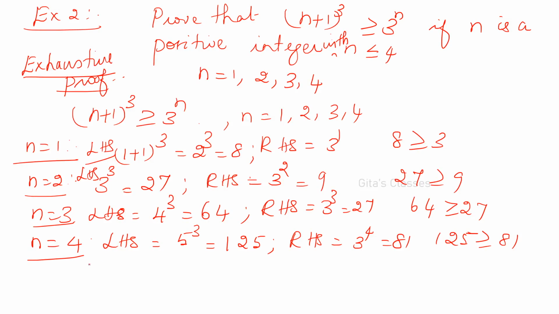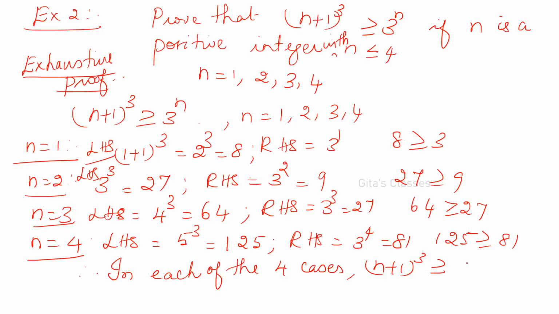Therefore, in each of the 4 cases, (n plus 1) the whole power 3 is greater than or equal to 3 power n. Hence the proof. This is what we wanted to prove, right? For all the 4 cases, we have proved that it is true.